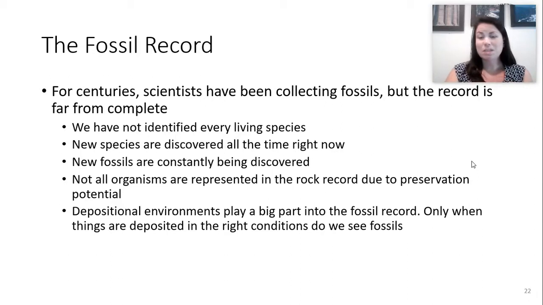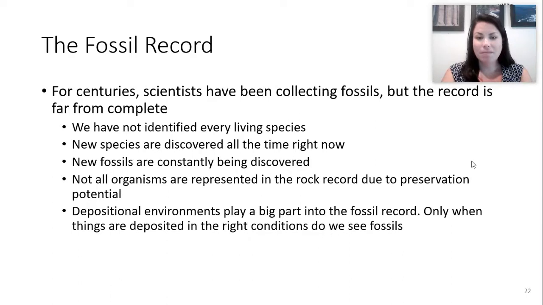There are those really specific circumstances in order for a fossil to be preserved.